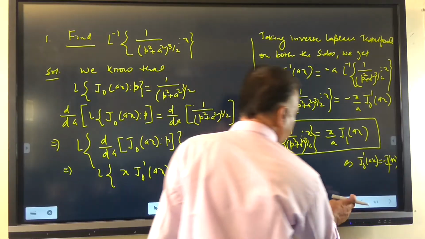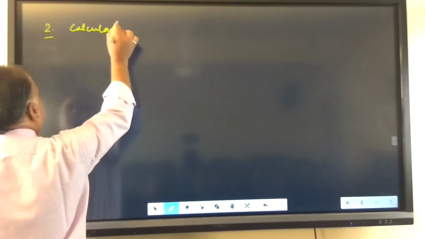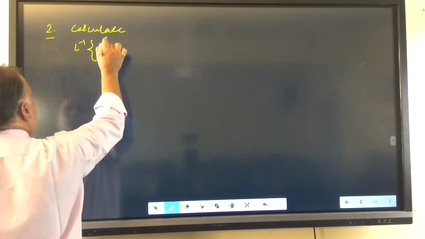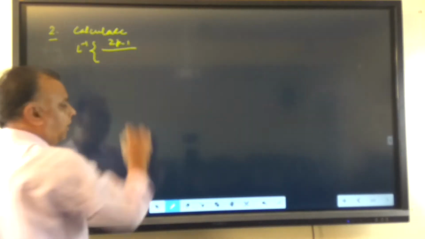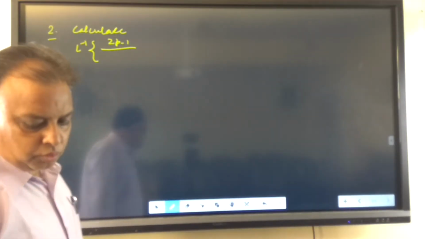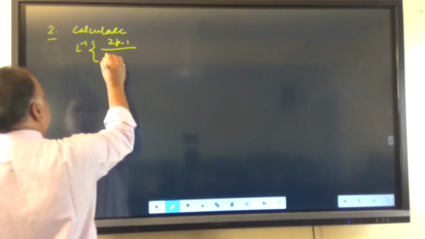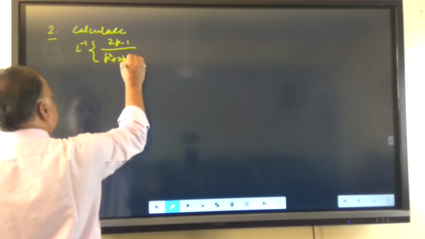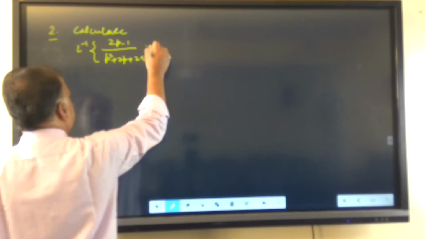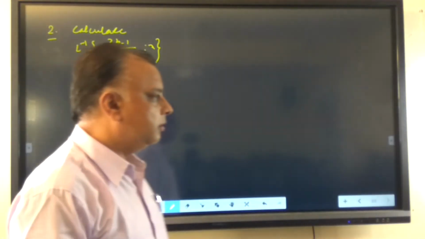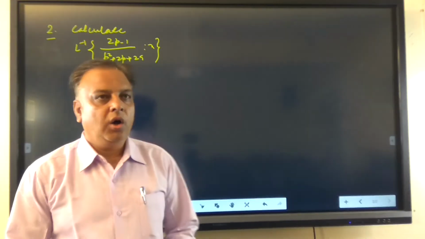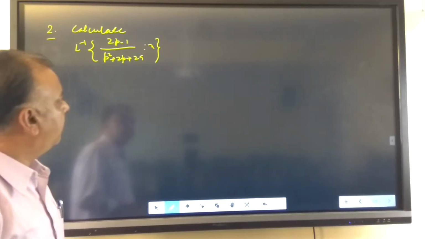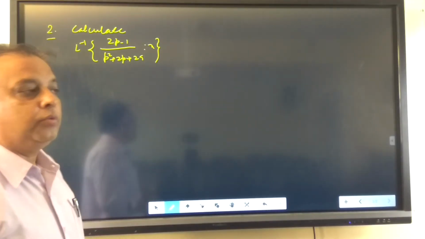Now we solve another problem. We have to calculate the inverse Laplace transformation of (2p minus 1) upon (p square plus 2p plus 29) with respect to x.